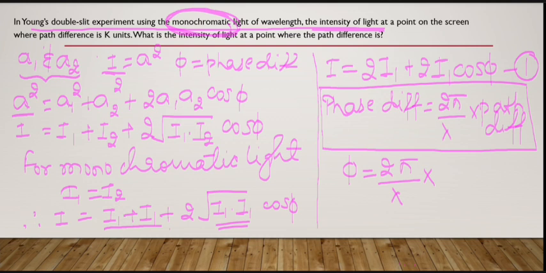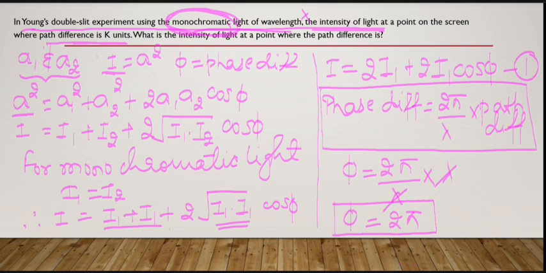In the first part of the question, it is given that the path difference is k units. Let us take it as lambda. In the Young's double slit experiment using monochromatic light, the wavelength is not given here, so let us consider it as lambda. So lambda gets cancelled, and we are left with phi is equal to 2 pi. Clear? So we have got the phase difference, that is phi is equal to 2 pi.